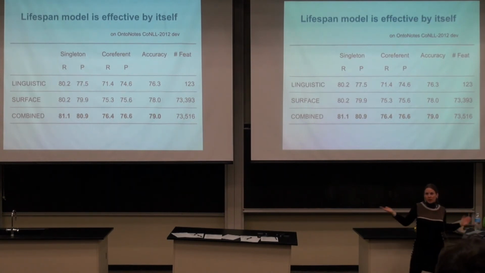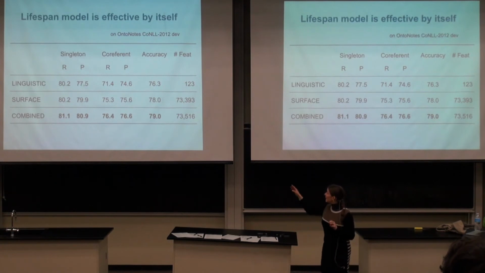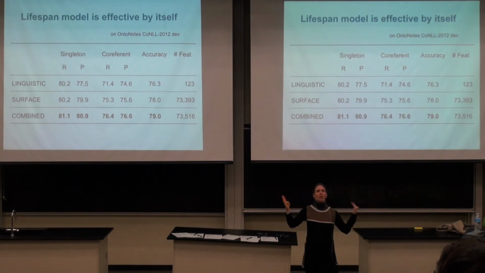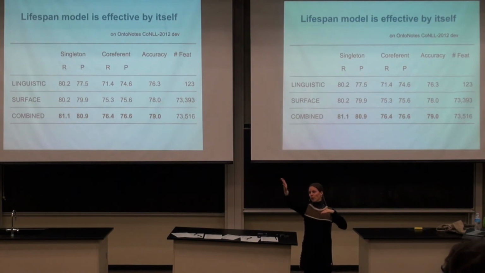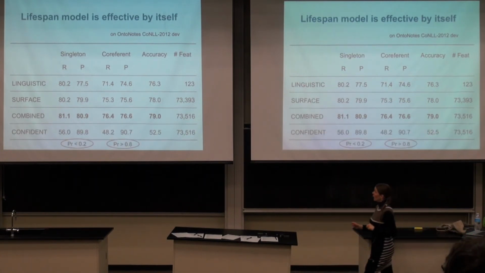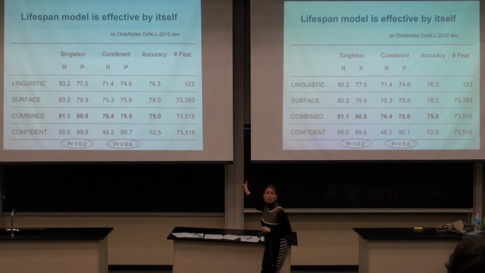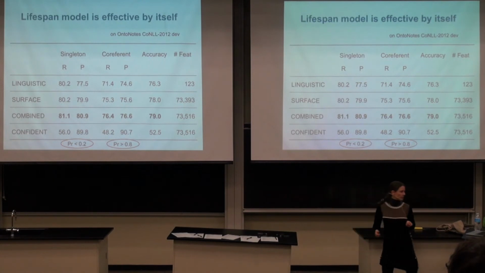Being from Stanford, you can guess that we wanted to see whether the system could help the Stanford coreference system. Instead of using logistic regression with a cutoff at half, where above half I'm coreferent and below half I'm singleton, you can look at something more confident. We say that something is singleton only if the probability is below 0.2, and coreferent if the probability is above 0.8.